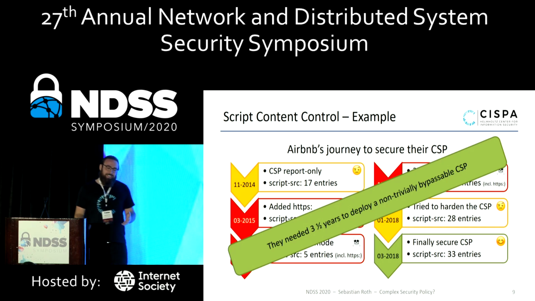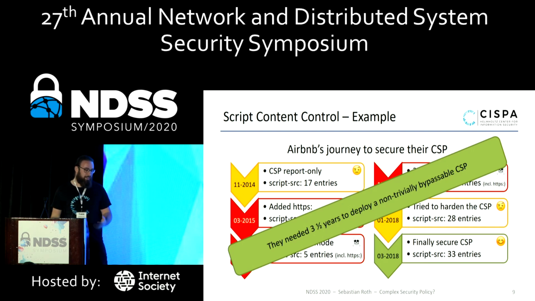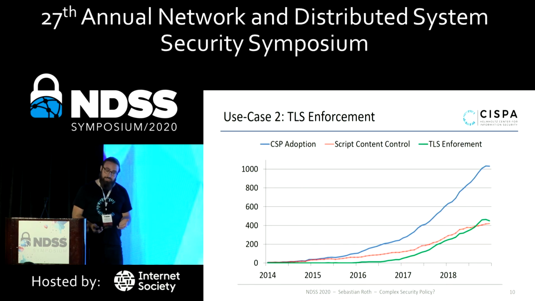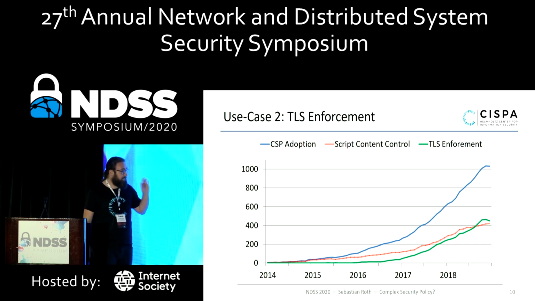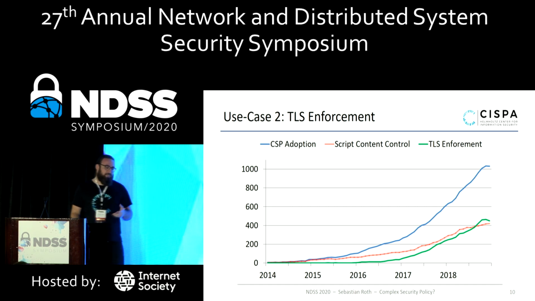As already hinted at, there are more use cases of CSP besides the restriction of script content, namely the enforcement of secure network connections. In fact, the usage of CSP as a TLS enforcement mechanism even surpasses the script content restriction in August 2018, as you can see at the green line. But how can we actually enforce TLS via CSP?